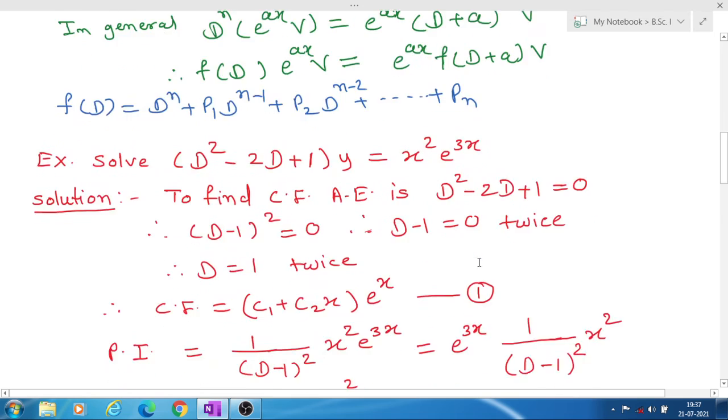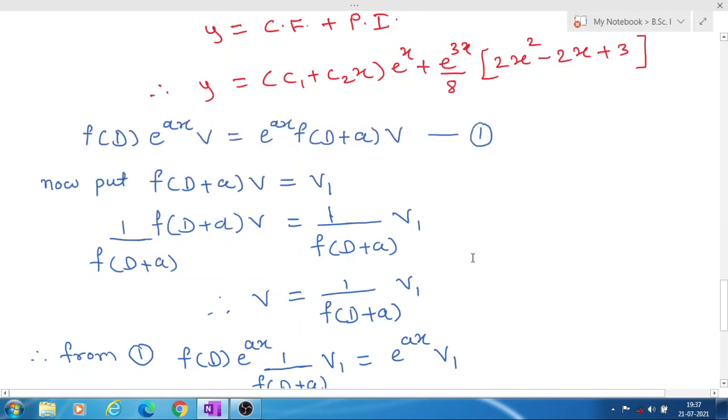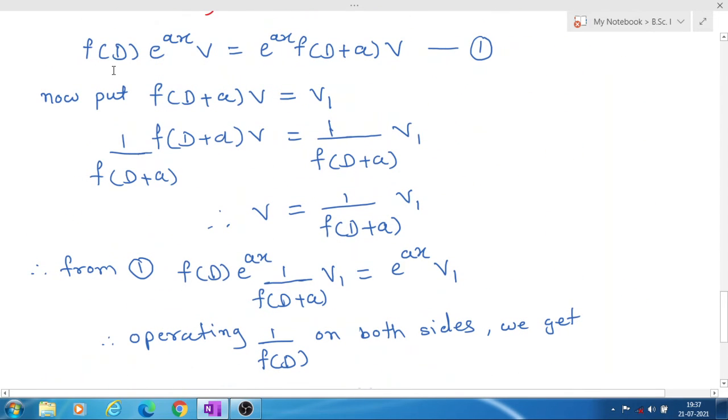So now the next part. See here, we have got f(D) e raised to ax v. When we operate f(D) on this, we get e raised to ax and f of (D plus a), because in each derivative we got this (D plus a), so this f of (D plus a) operates on v. Now put here f of (D plus a) into v equal to v1.